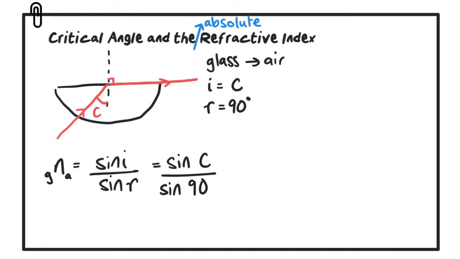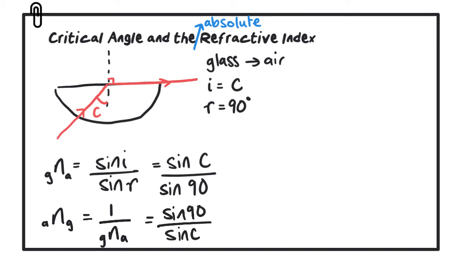To get the absolute refractive index, meaning we want to go from air into glass, then it's the inverse of glass into air. So that means we have 1 over the refractive index for glass into air. So we need to take the inverse of the equation that we've just written out. So instead of having sine C divided by sine 90, what we've actually got is sine 90 divided by sine C. Now we could put sine 90 into a calculator, and that's actually equal to 1.